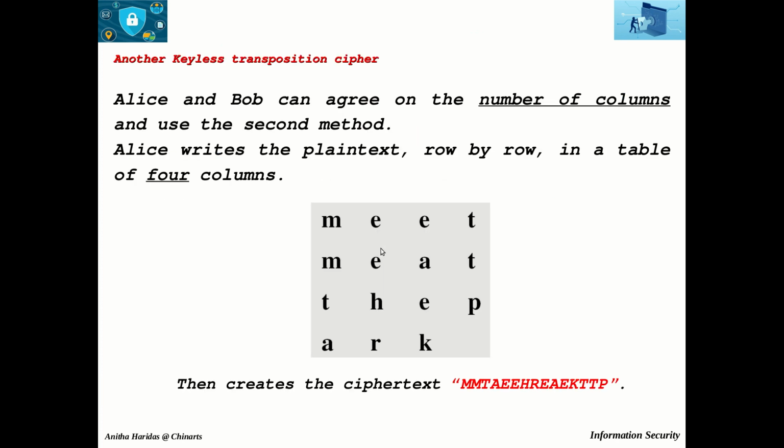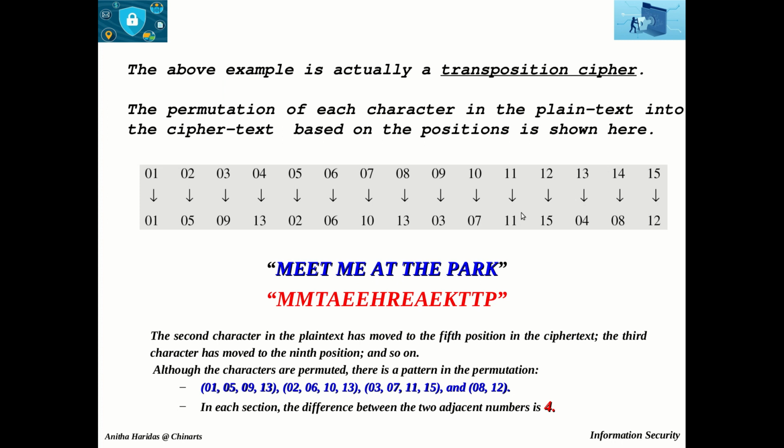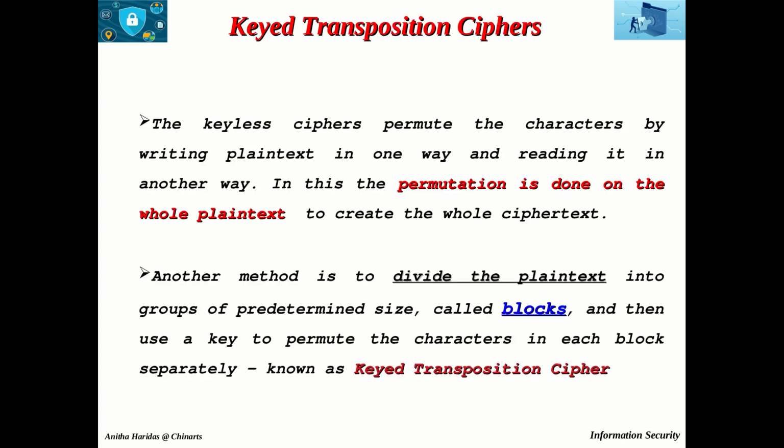Then we have also discussed another transposition cipher that has the message written row by row and then created as a ciphertext column by column. In this video we are going to talk about the keyed transposition cipher.